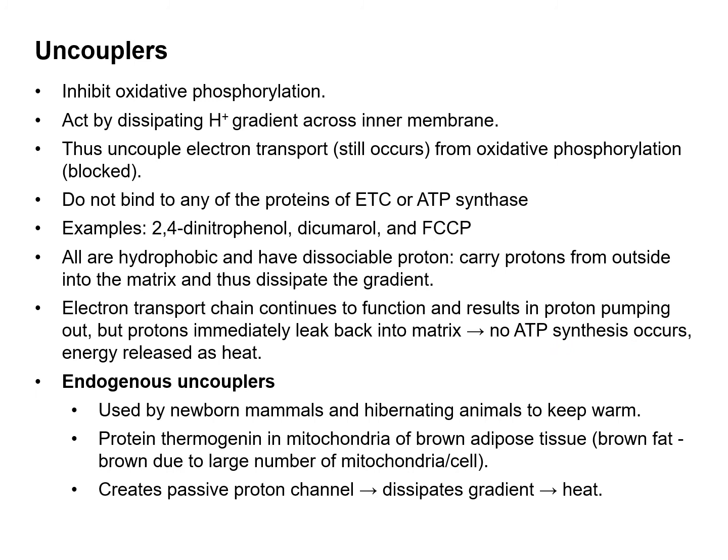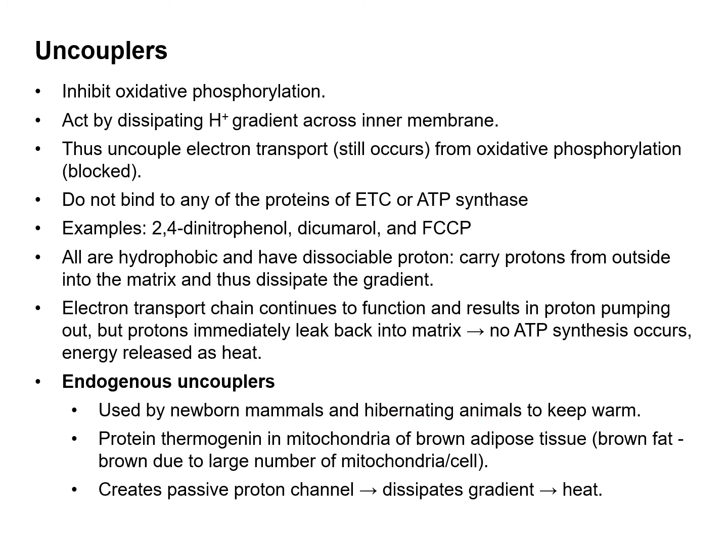So a lot of energy that was generated from the electron transport chain will be released as heat. And there are endogenous uncouplers that are encoded by genes, and they are used by newborn mammals and hibernating animals to keep them warm.